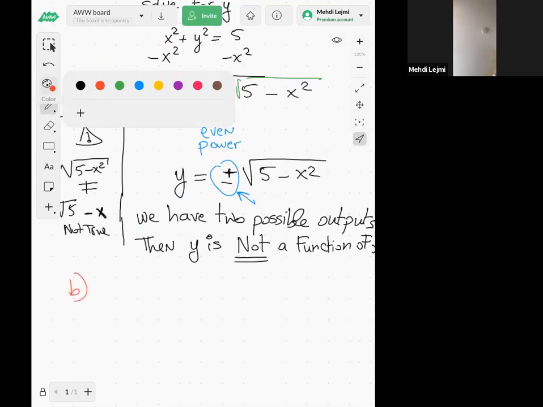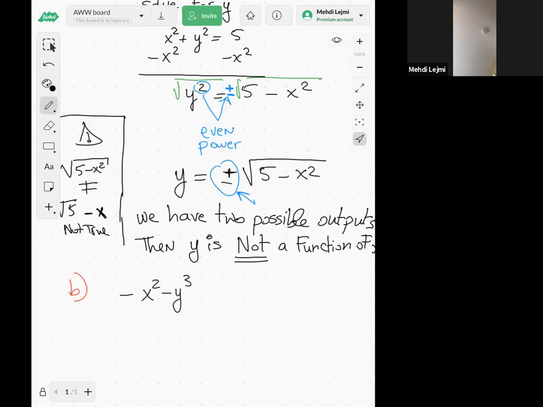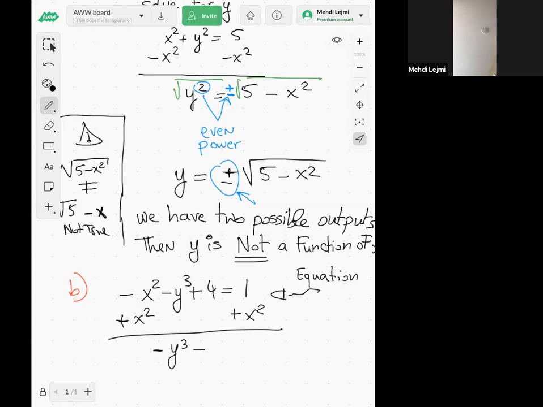So in b, we have negative x squared minus y cubed plus 4 equals 1. Again, this is an equation, right? So we have to solve for y. If you solve for y, this is plus x squared. So minus y cubed plus 4 equals 1 plus x squared.